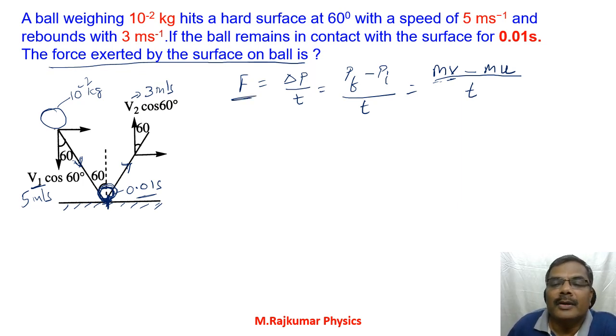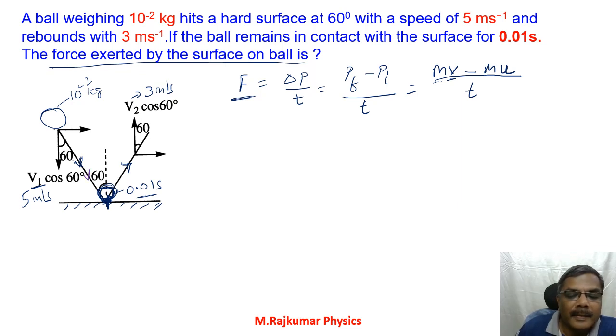Okay, here mass is given, the final velocity is also given, and the initial velocity is also given, but these velocities are not hitting straight on the wall. They are hitting the wall or the hard surface at an angle. So this velocity vector will have two components like this.